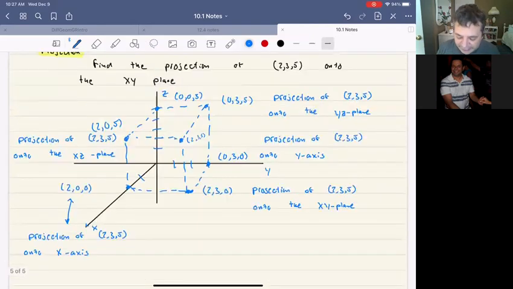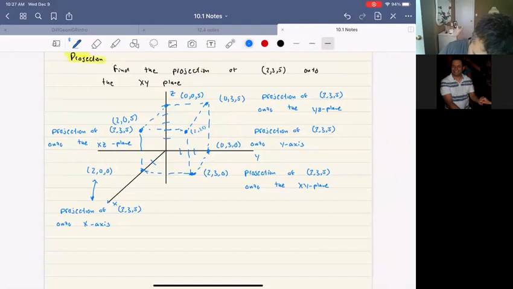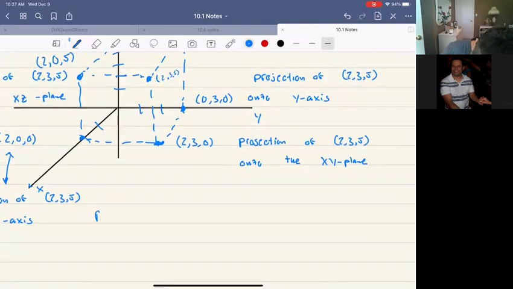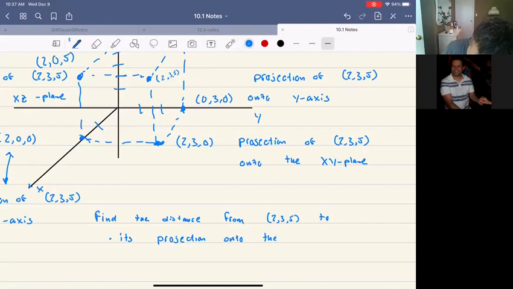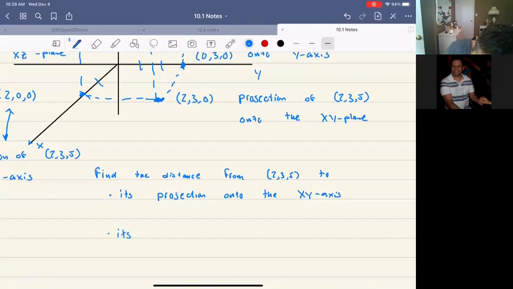All right, so let's find the distance, okay, from 2, 3, 5 to, first, its projection onto the xy axis, and then its projection onto the y-axis.